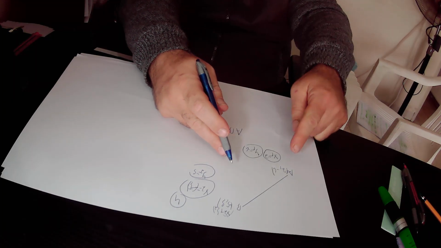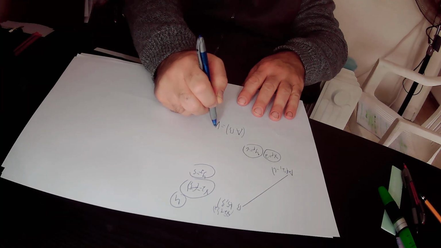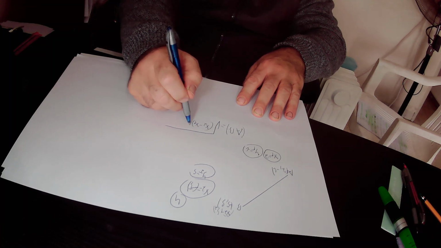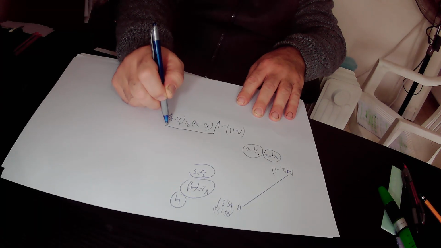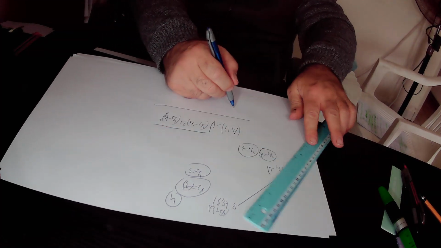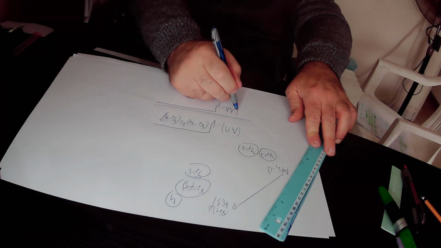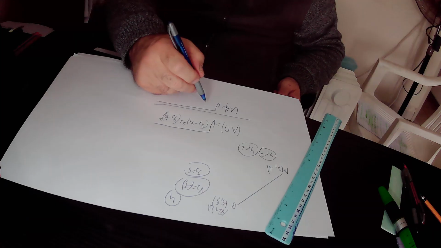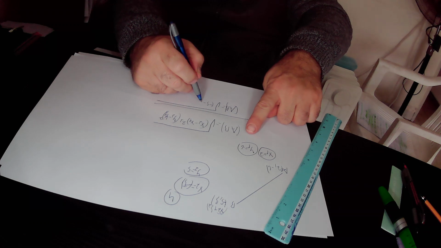This is also the length of line AB, of course, equals the square root of (x2 minus x1) squared plus (y2 minus y1) squared. So AB, the distance between points A and B, in total is equal to the square root of x2 minus x1. x2 is minus 5, minus x1, that is minus 6.